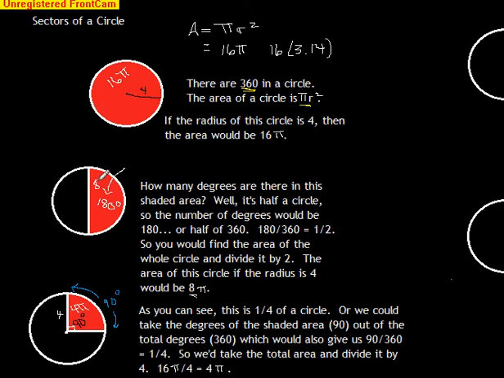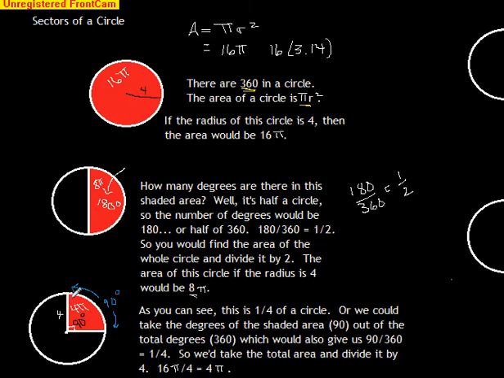That's easy to think about, but what we're really doing is we have 180 degrees out of 360 degrees, so that would be 1/2 of a circle. You can tell what part of a circle it is by taking the degrees and putting it over the total number of degrees in a circle, which is 360.